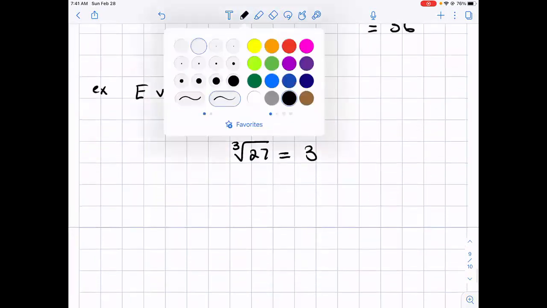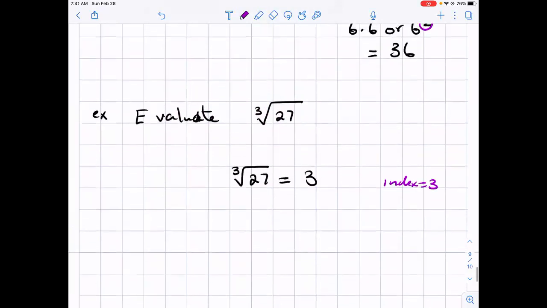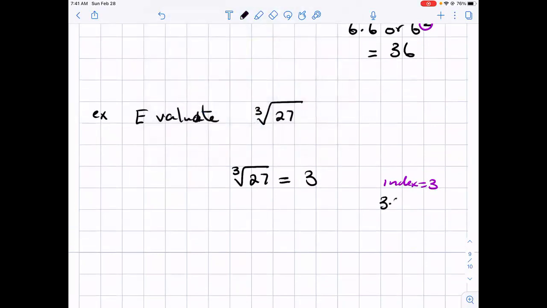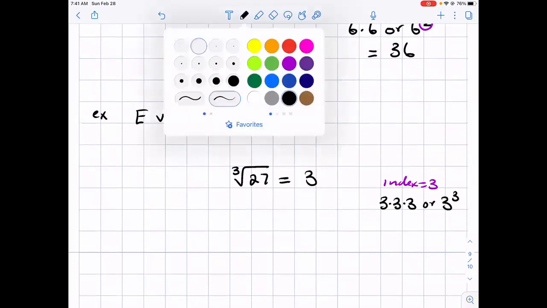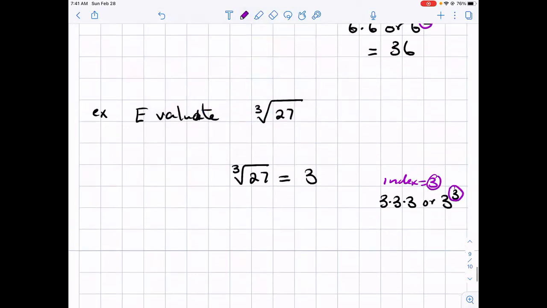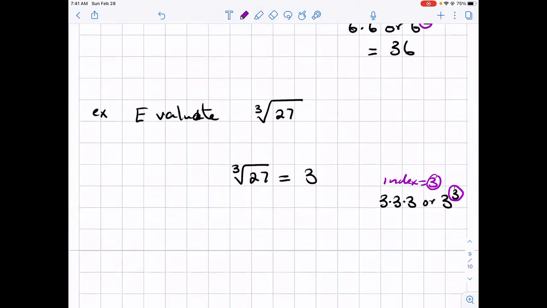Note the index is equal to 3, so we have 3 times 3 times 3, or we can say 3 to the third power. And that's why if you multiply these, you get 27.